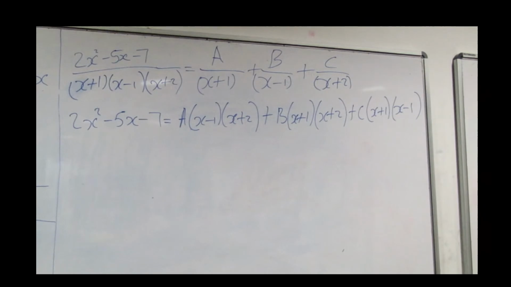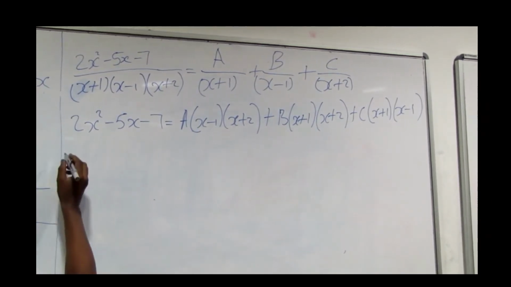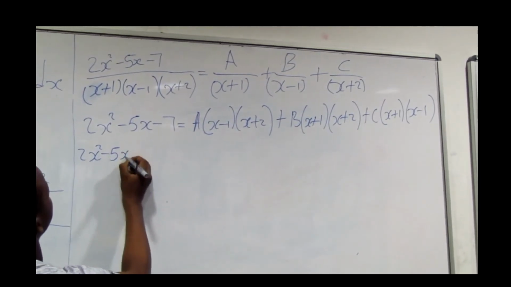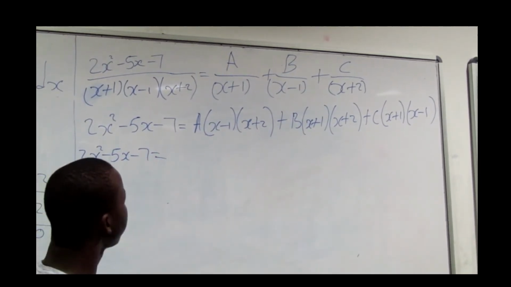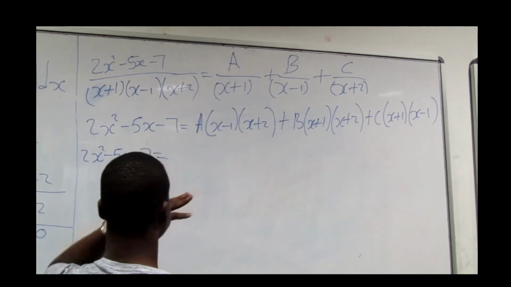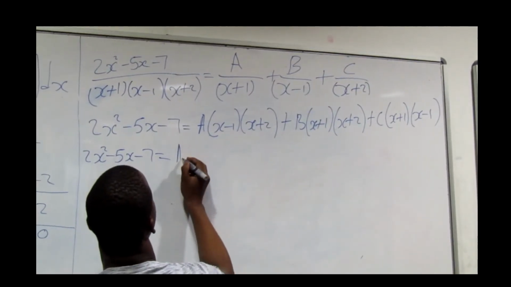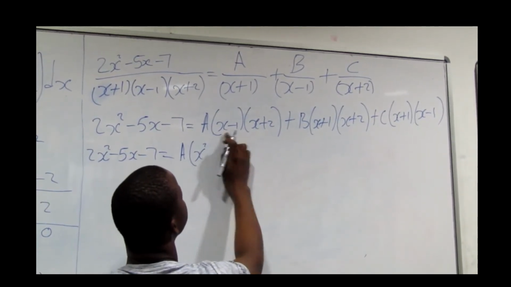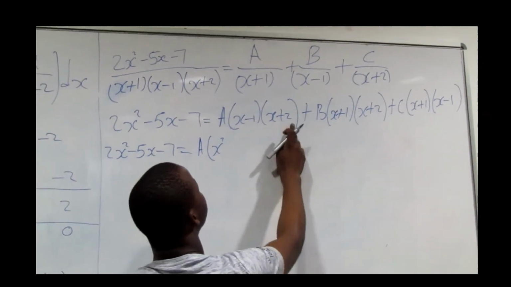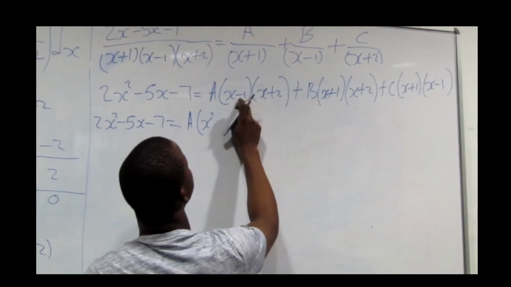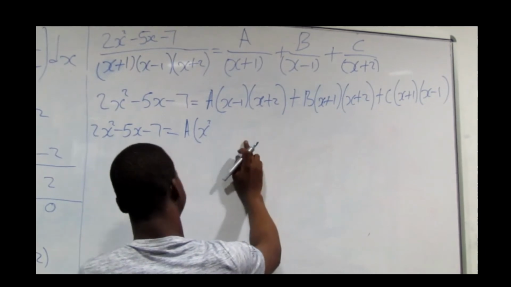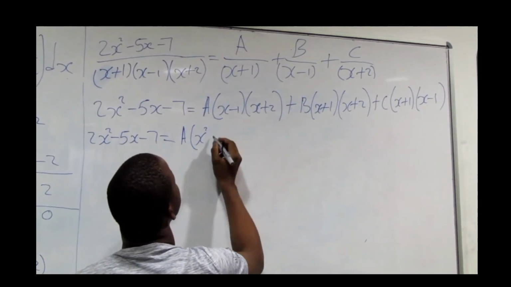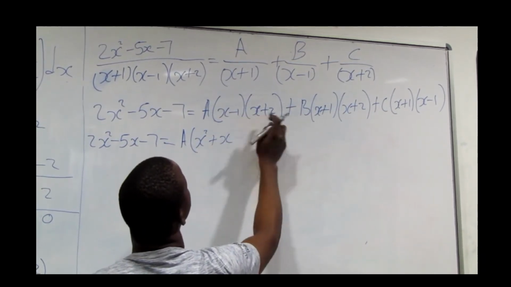Then when you arrive here, you simplify your equation accordingly. This is going to be 2x squared minus 5x minus 7 equals, when you simplify this, a into x squared, x times x is x squared, x times 2 is 2x, negative 1 times x is negative x, 2x minus x is x, and minus 2.